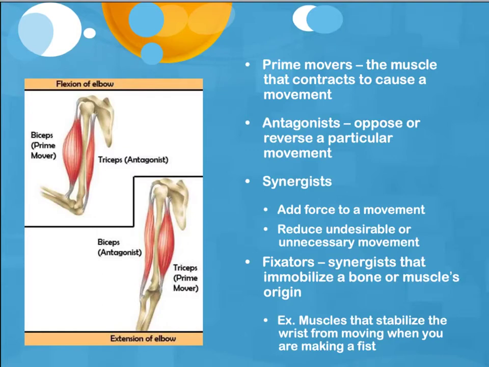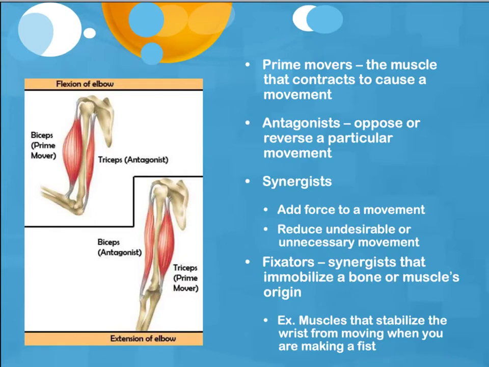You have also what are called synergists, which add force to a movement, so they help prime movers do what they do, or reduce undesirable or unnecessary movement. And so they're also similar to a fixator, which is a synergist that is immobilizing a bone or another muscle in order to add stability.